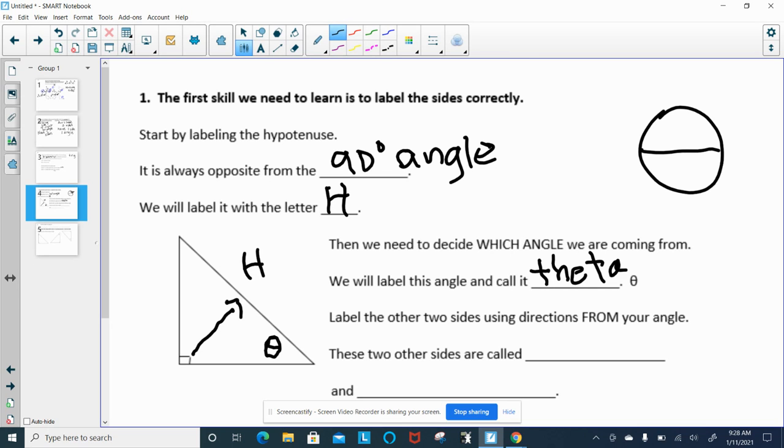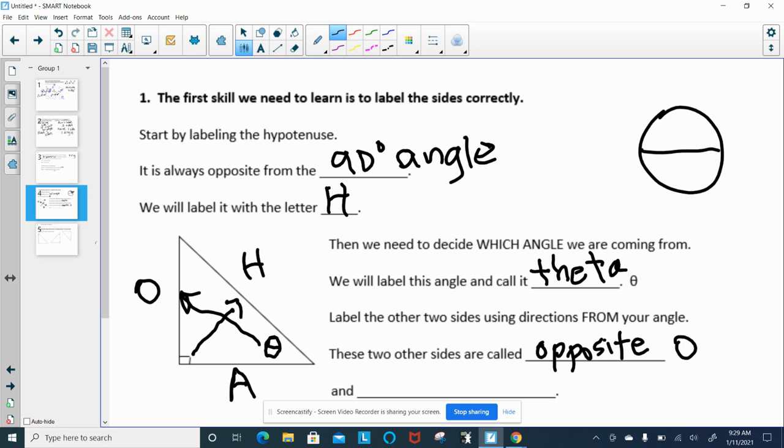And now we're going to label our opposite side. So what is opposite from theta? We're going to use an O for that. And what is next to theta? See, here's theta.